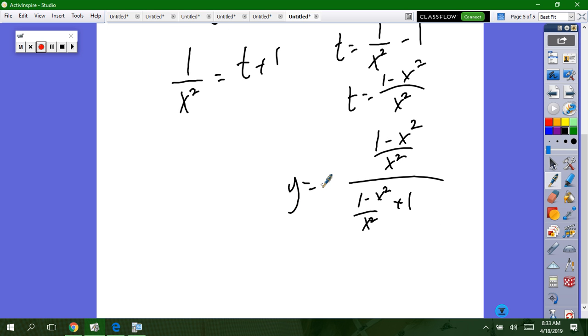What can I times to everything to get rid of it? If I times this by x squared and this by x squared, what would I do? Those just cancel out. Is everybody with me on the top? And then I'm going to distribute this through. So if I distribute to him, what happens? What's left over?